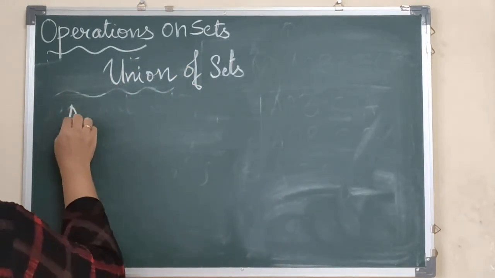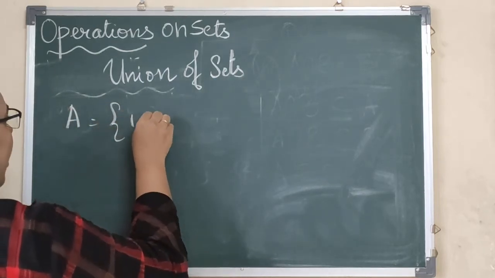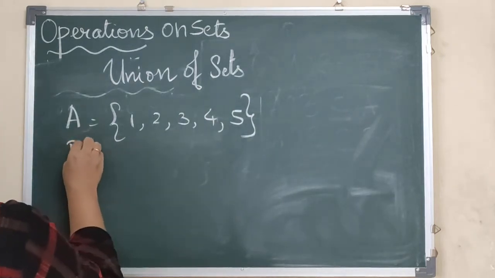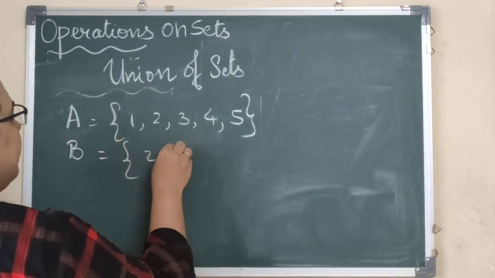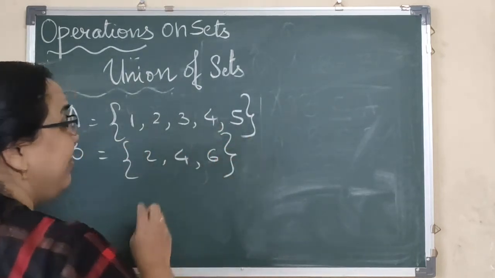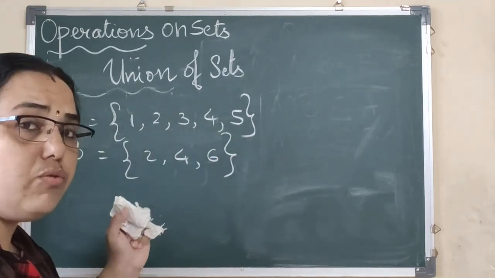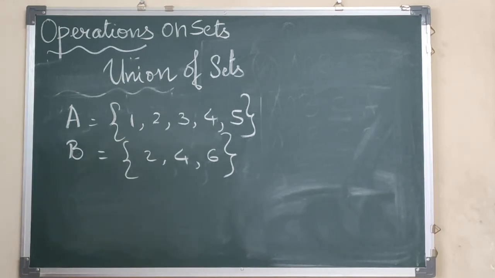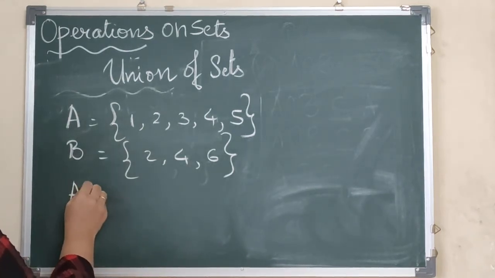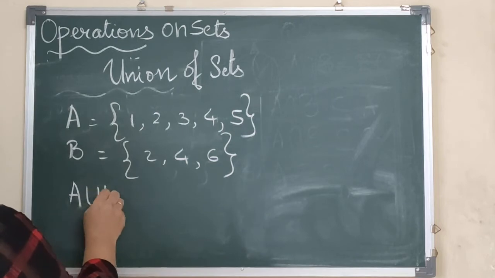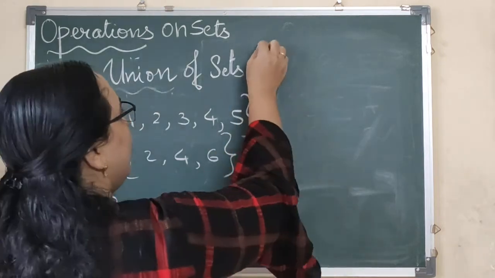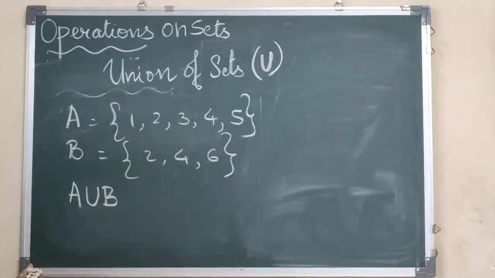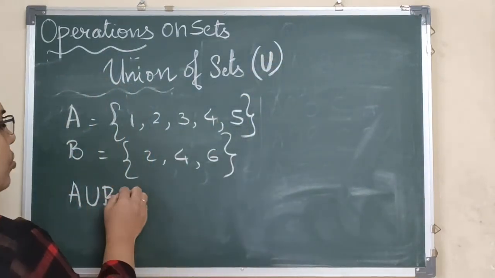Now suppose I have a set A. I'll just take a very simple example. Please understand, in the previous one it was in A and B. Here in union, now how do we write union? In intersection it was reversed U. Here it is proper U.